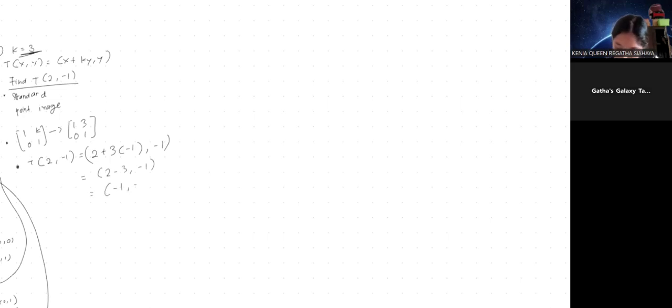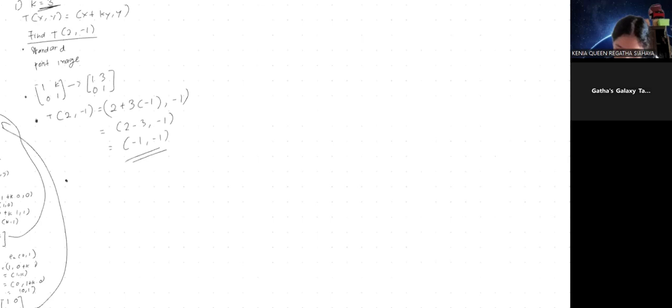And then for C, which is finding the point image, we will find the point image of (0, 1), (1, 1), and (2, 0). So to find this, just go ahead and do the same thing, which is 0 plus 3 times 1, then we will get the point image is (3, 1).